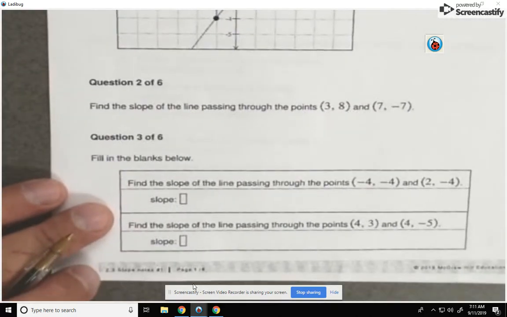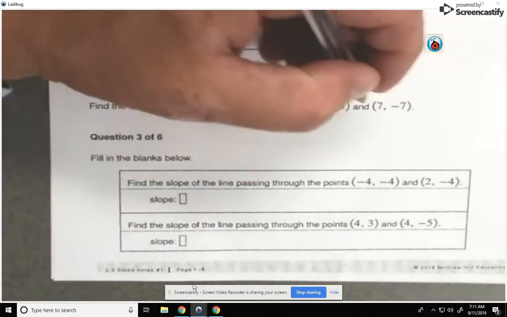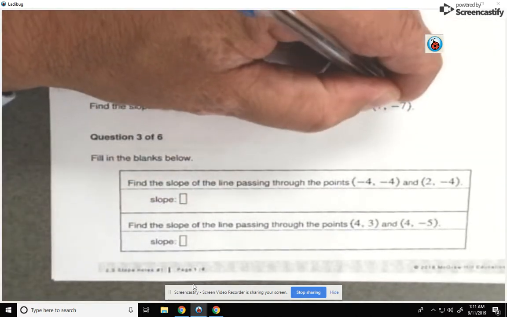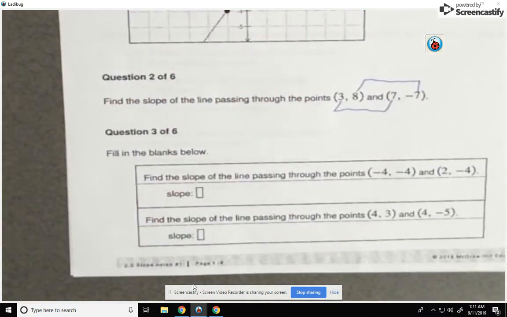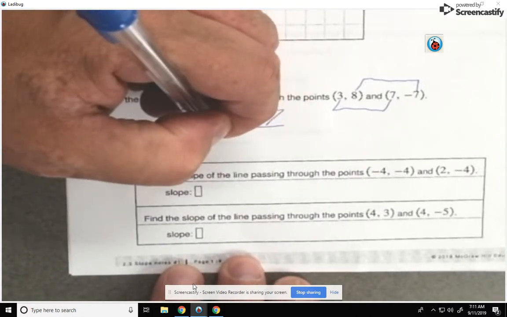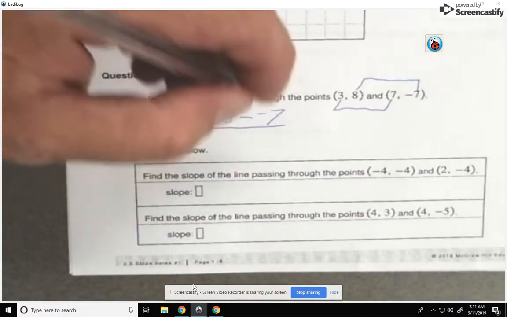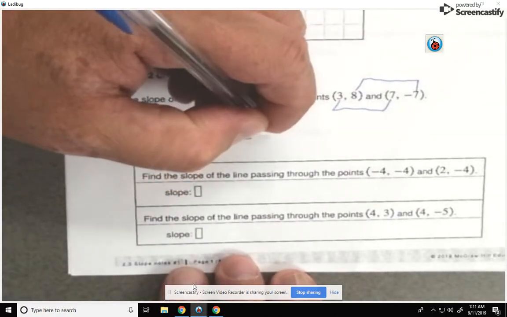Question 2, you're given 2 points, and you're asked to solve for the slope. So again, the slope is the change in y over your change in x. So in this case, we have 8 minus -7 over 3 minus 7.